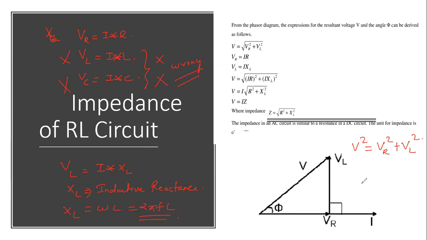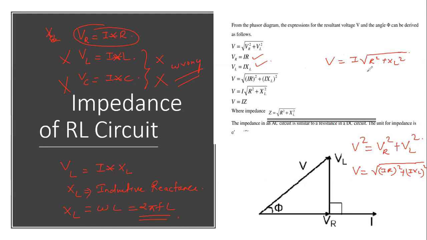So we'll write V equal to root over VR, which is I multiplied by R, whole square plus VL, which we have just seen is I into XL, whole square. They have squared them. I is common. So I square goes outside the square root, and V will be I multiplied by root over R square plus XL square.